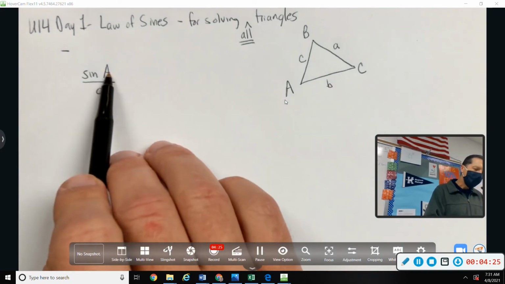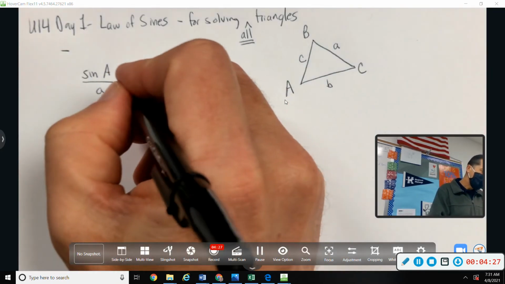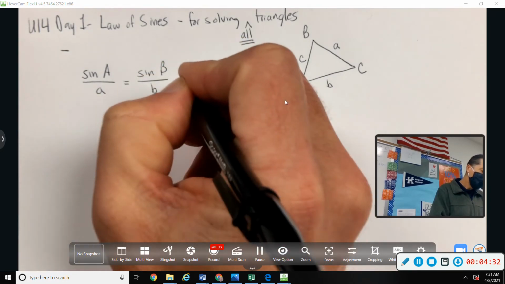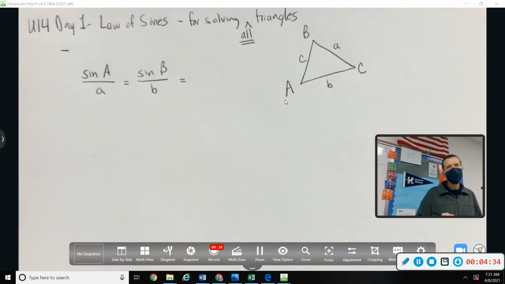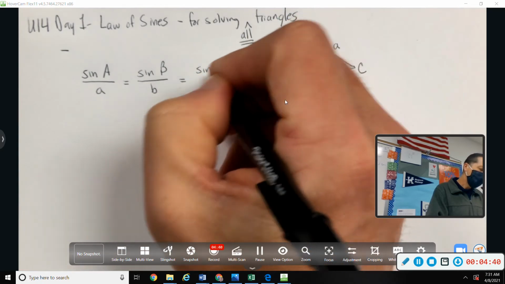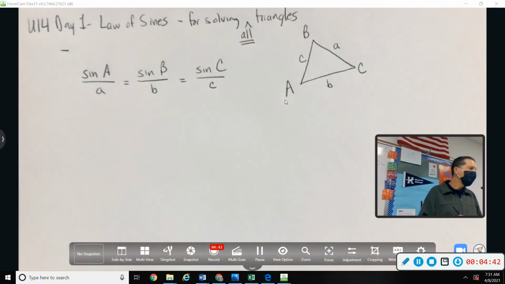All right, so sine of angle A over the side a equals sine of angle B over side b equals sine of angle C over side c.